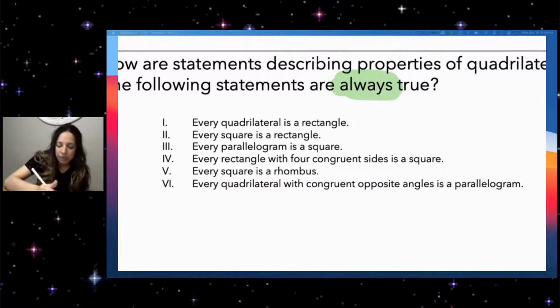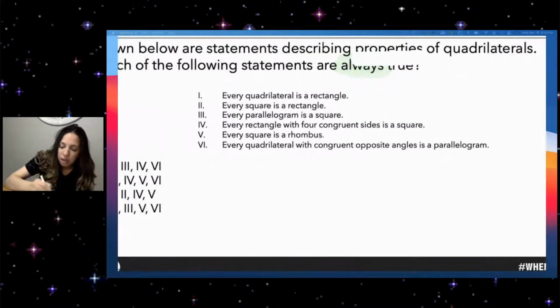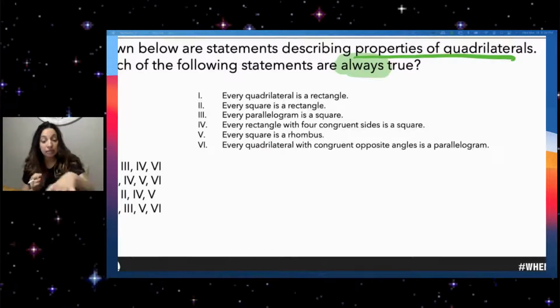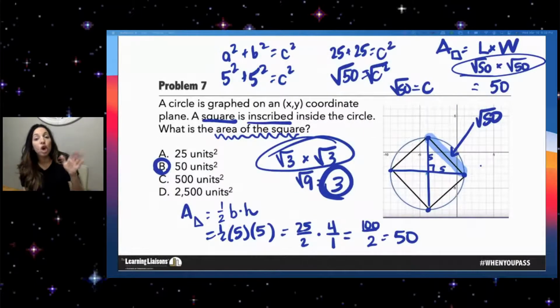Everybody in this room needs to know the properties of quadrilaterals, because you're either going to have to identify something like this with properties of quadrilaterals, or you're going to have to apply your knowledge of quadrilaterals to solve something like this, where we're using diagonals to solve it. We didn't have to use diagonals. Well, we actually did have to use diagonals, so you need to know that.